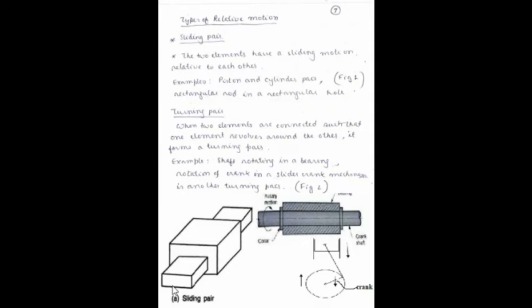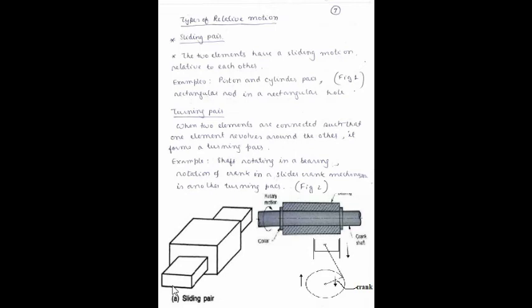Types of relative motion. Sliding pair: the two elements have a sliding motion relative to each other. Examples: piston and cylinder pair, rectangular rod in a rectangular hole. So in a sliding pair, the two elements have a sliding motion. That means one element slides over the other one. An example could be a piston and cylinder pair.